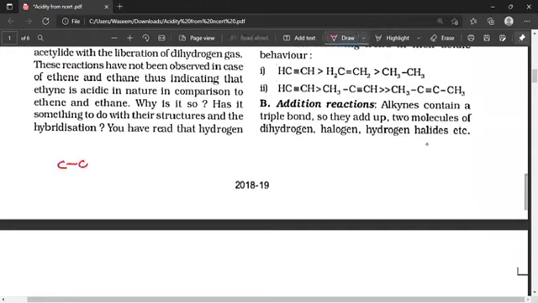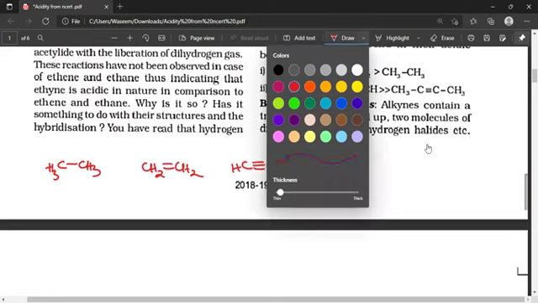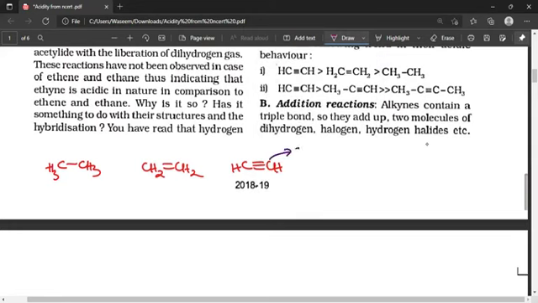When you compare alkane, alkene and alkyne, the hydrogen of the alkyne, which is bonded to the sp carbon, is acidic in nature. The reason is that it is an sp hybridized carbon. It has 50% S character, which is more electronegative in nature.